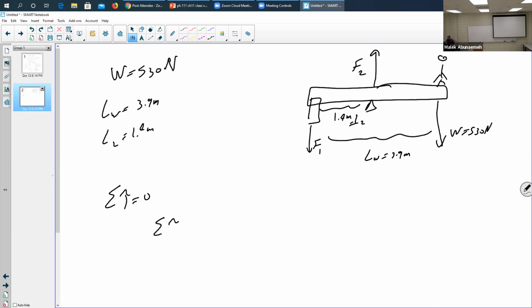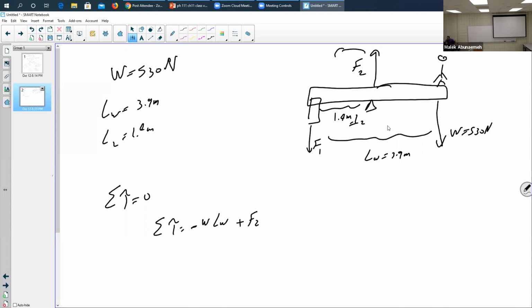The torque is going to equal, the first one is this one, that's going clockwise. So it's going to be negative your weight multiplied by LW, plus you've got F2. This is going this way, so that means it's going to be counterclockwise.